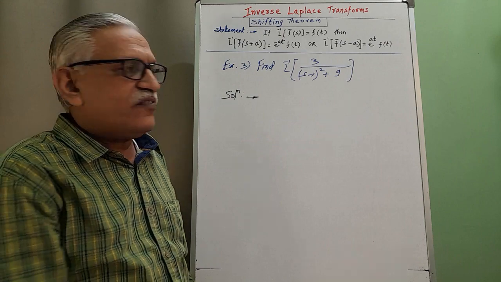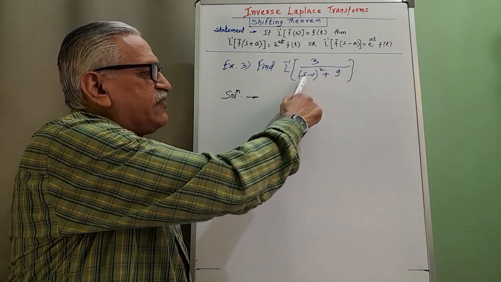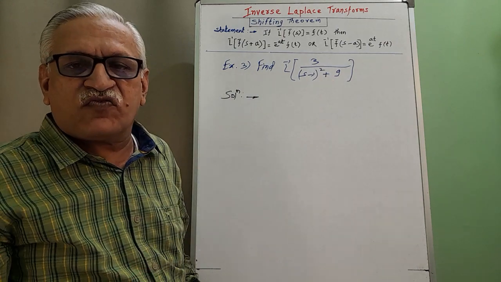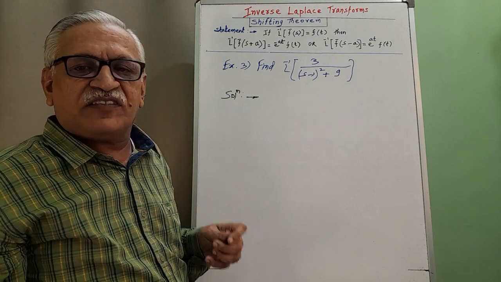Example number 3, find inverse Laplace of 3 divided by (s minus 1) whole square plus 9, means 3 square.